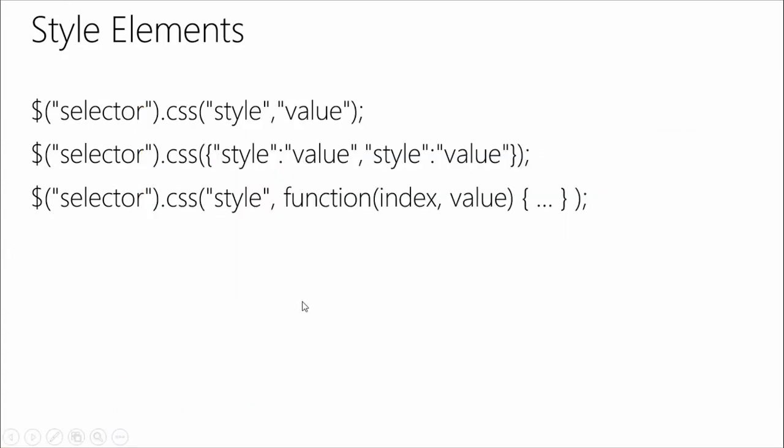Also, another one that's on the slide is I have my selector, and then I call CSS, and then in here I have brackets, the beginning and end, and it's kind of like a JSON style, right? So I have my style colon value, and then comma, and then style colon value. So I could pass in multiple styles. In case anybody was thinking that I'm limited to just one style and I have to keep chaining .css, .css, .css, and I see people doing that, and they'll need to make like 25 CSS modifications at once, and they'll have like 25 chains.